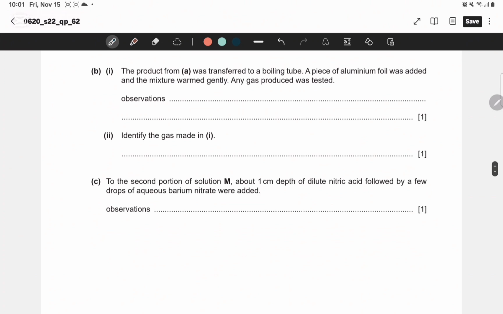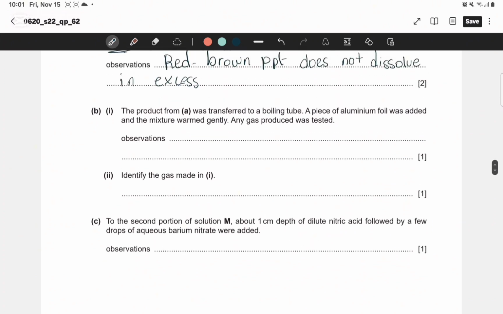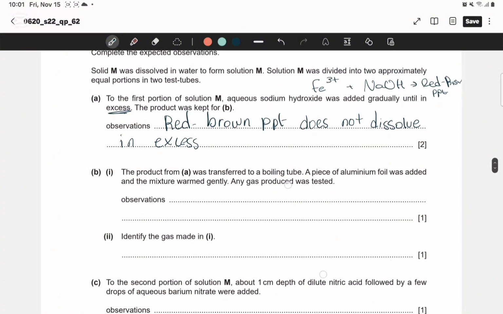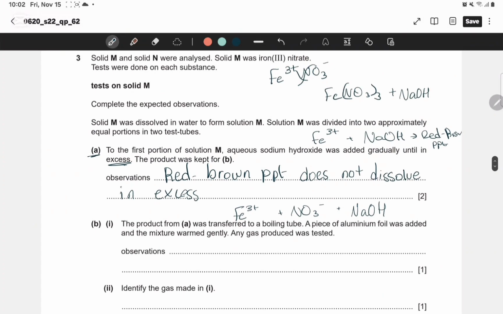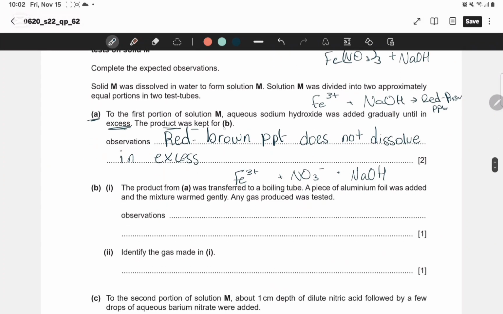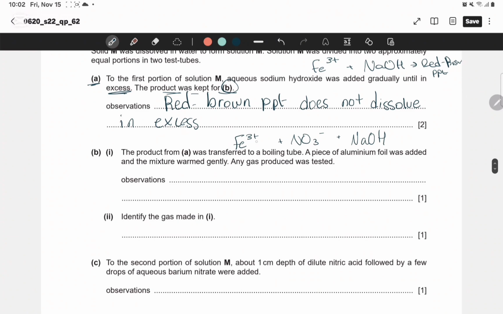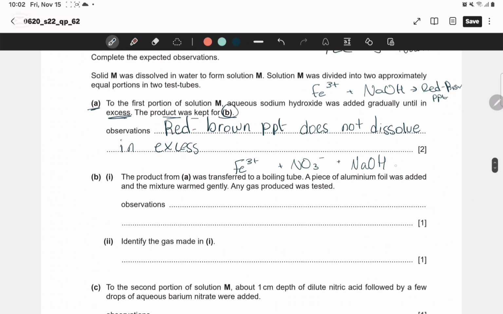The product from A was transferred to a boiling tube. A piece of metal foil was added and the mixture was warmed gently. Any gas produced was tested. So, they added Fe3+ and NO3 minus, and there's still some NaOH left from the other experiment from part A, because they're using the product, they said the product was kept for B. So Fe3+ and NO3 minus and NaOH and aluminium foil, so Al, all of that, and they also heated it.